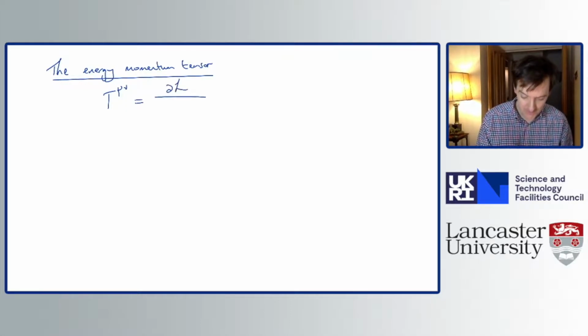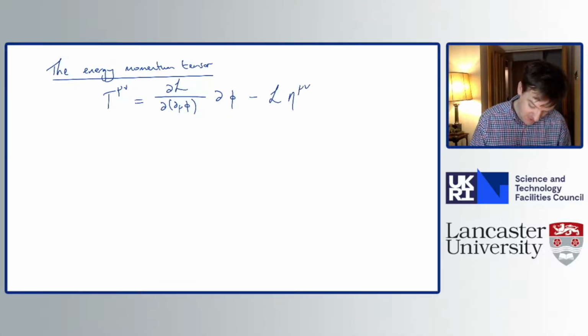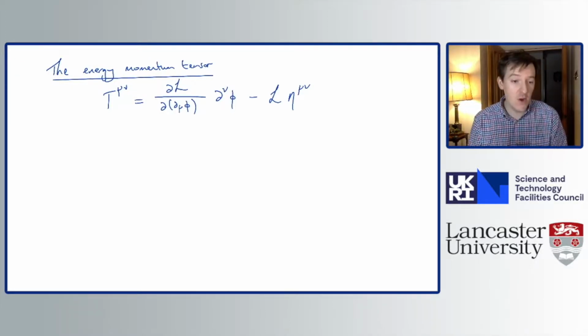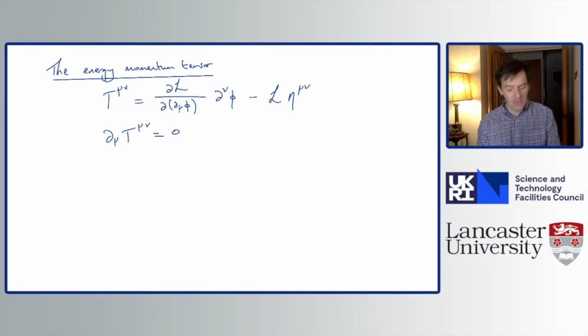So this tensor is calculated from the Lagrangian by taking derivatives of the fields, and then we subtract off the Lagrangian, and I need to have my indices up, so they're up. So this combination of factors is the energy momentum tensor. This is a nice quantity because it leads to a conserved current. So this is actually four equations.